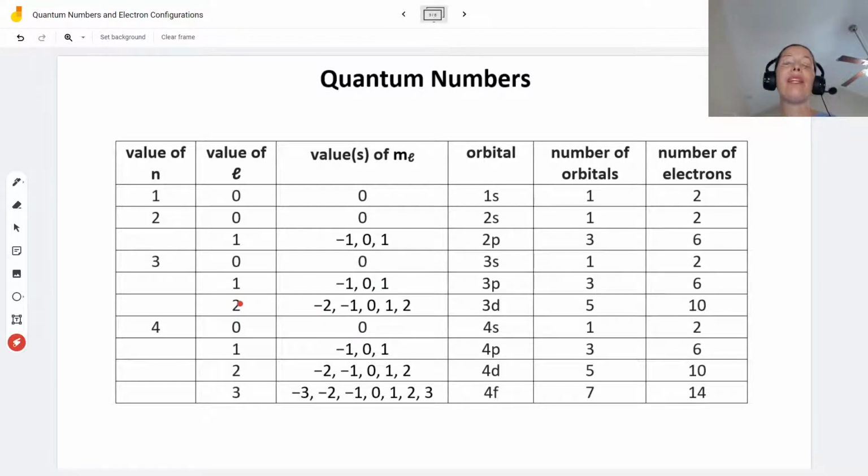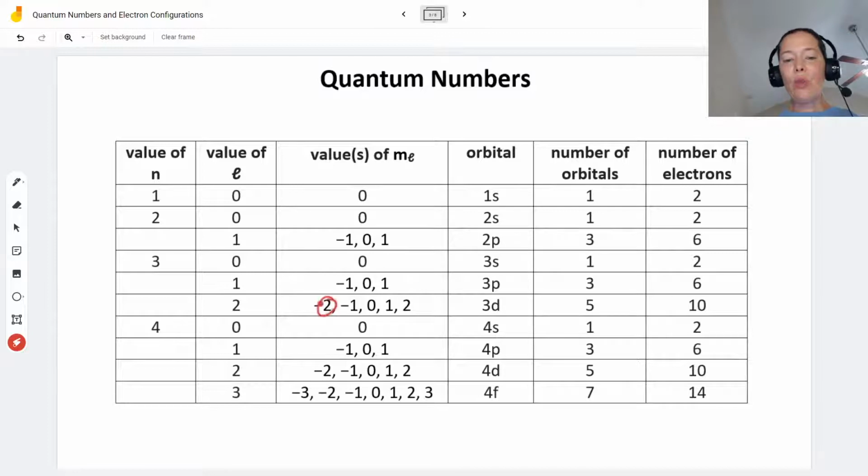And when L equals 2, those are called d orbitals. They have a different shape. Again, I do have pictures of all of these that I will show you. So when L equals 2, remember, m sub L is going to run from negative 2 to positive 2. So that's how we get all of these values here. We're just counting from negative 2 to positive 2. We're just following the integers here.